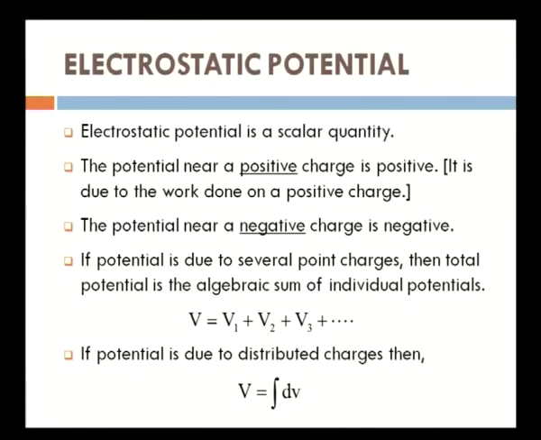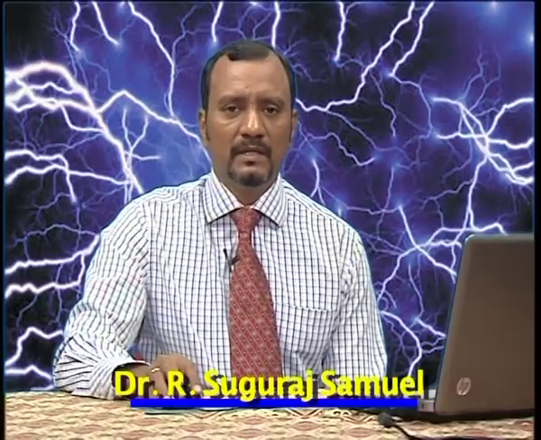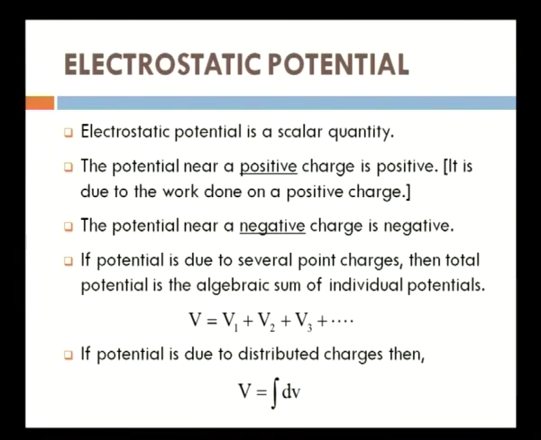We can use this expression V is equal to integral dV to find out the potential due to some distributed charges like spherical charge distribution or charged conductor like objects.